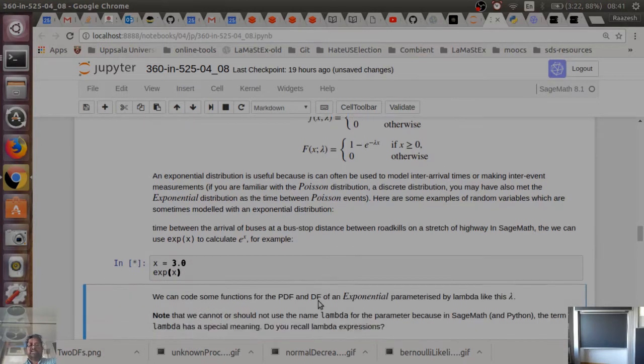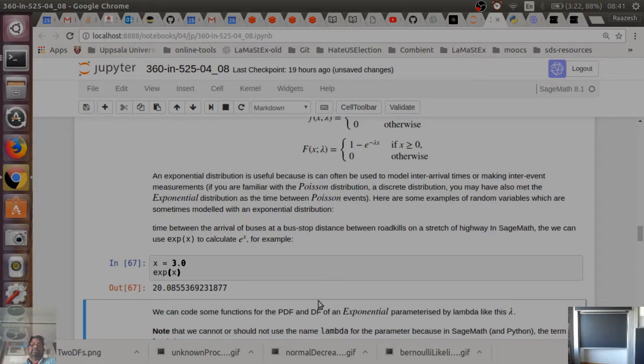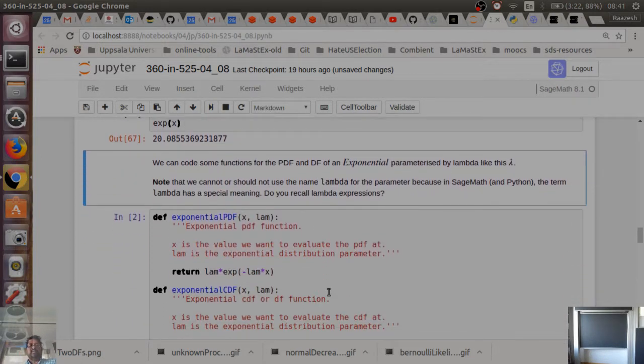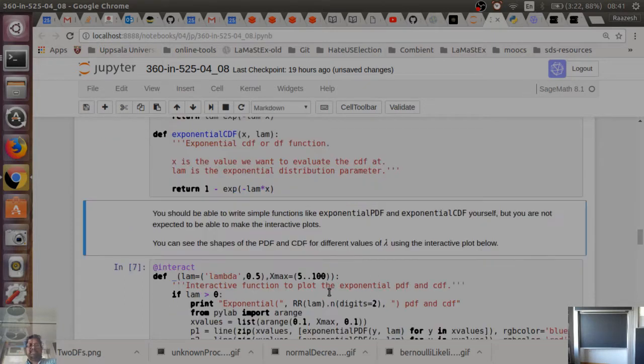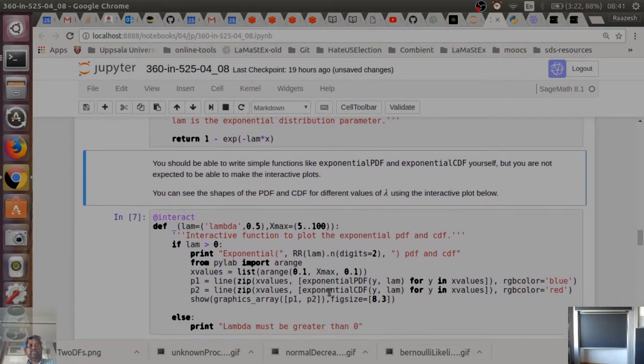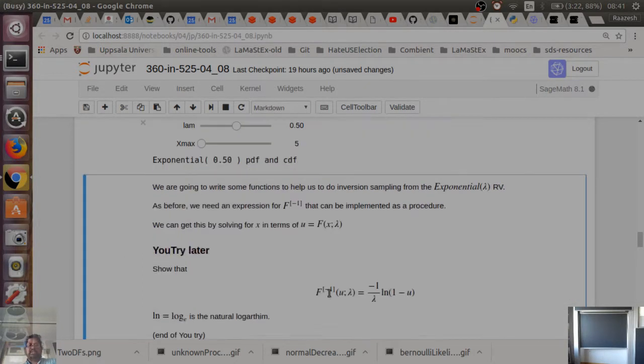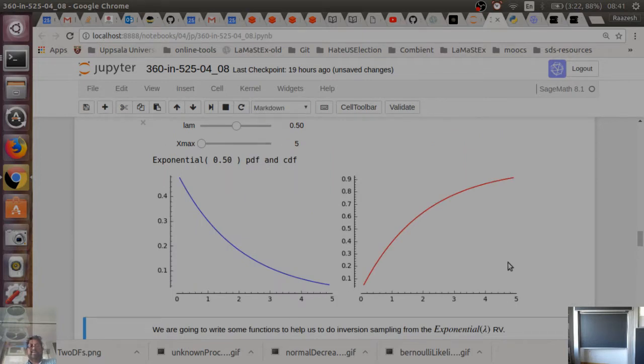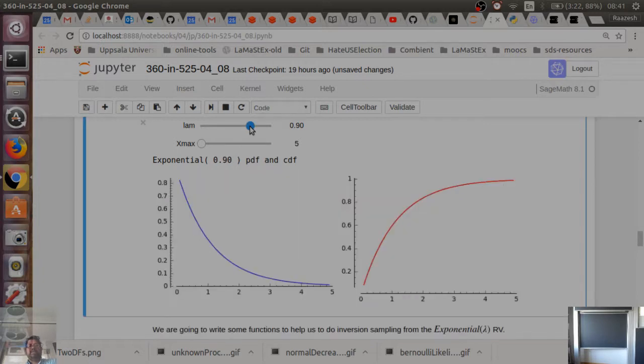So let's do this. Let's say x is 3, and we know that we can take the exponential by exp of x. Now I'm going to define the PDF and CDF, the formula you saw upstairs. And let's do a quick interact. So here's the PDF and CDF. As I did on the blackboard last time, if I increase the rate parameter lambda, you see it's getting spikier towards 0.